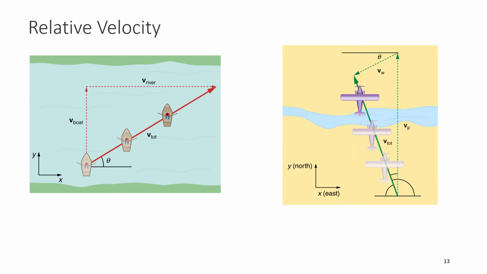Similarly, if a small airplane flies overhead in a strong crosswind, the plane is not moving in the direction in which it is pointed, because the movement of the air relative to the ground carries it sideways. The rules of vector addition also apply to the addition of velocities. Let's see this example.